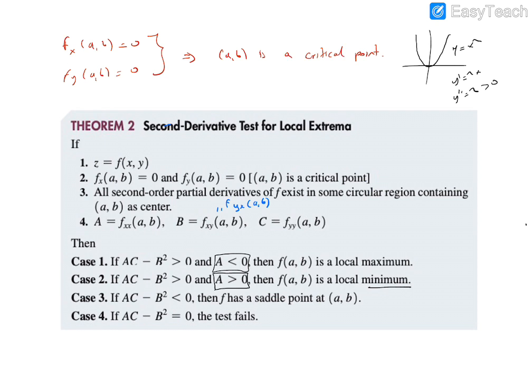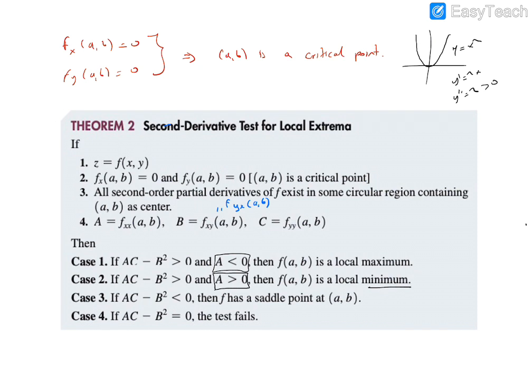If AC minus B squared is bigger than 0, and A is less than 0, it is a local maximum. If A is bigger than 0, it is a local minimum. If AC minus B squared is less than 0, in that case f has a saddle point at the point (a, b).